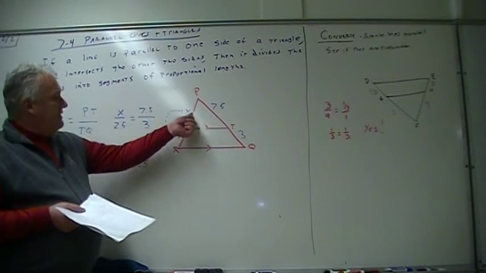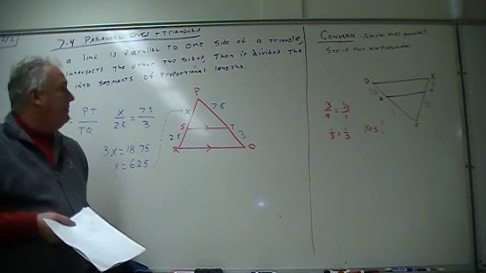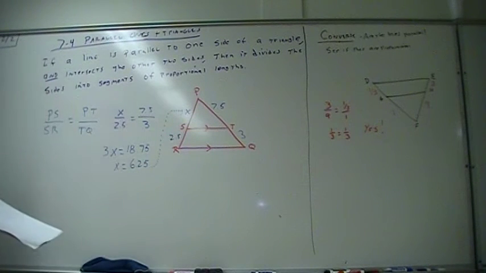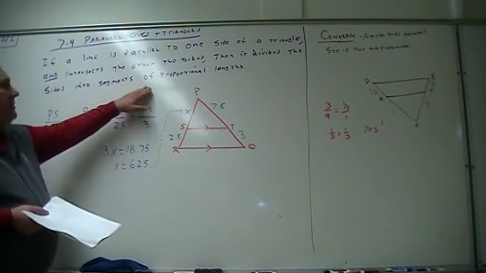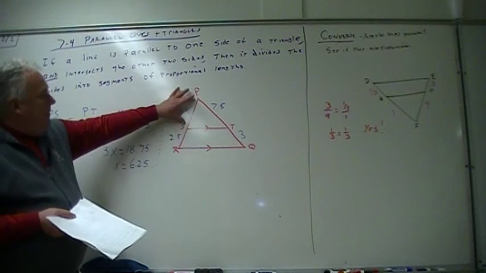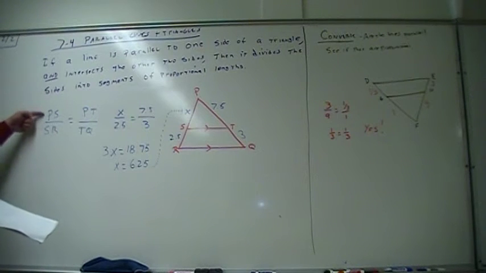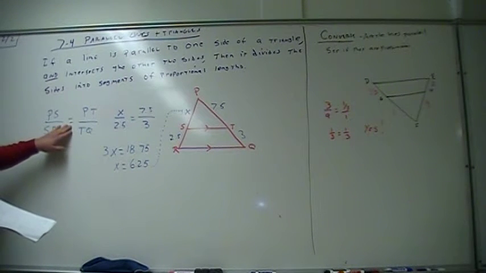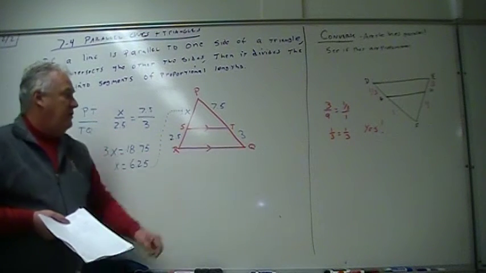So it intersects this side and it intersects this side right here. Then it divides the sides into segments of proportional length. So what it means is PS to SR is equal to PT to TQ.